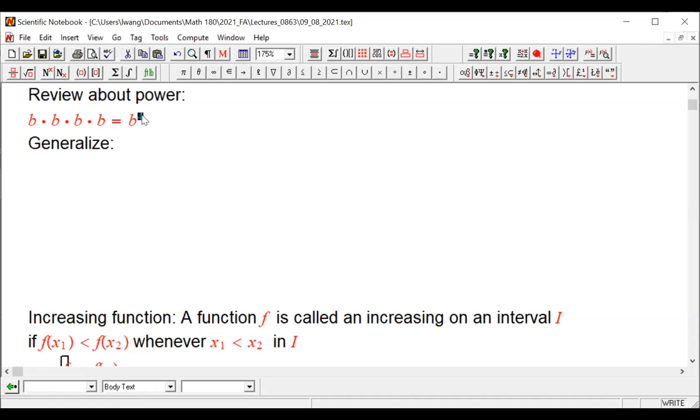This can be generalized as well. If we have n terms in multiplication, b times b times b, n times, that will make it b to the power of n. Okay, so that's the generalization.